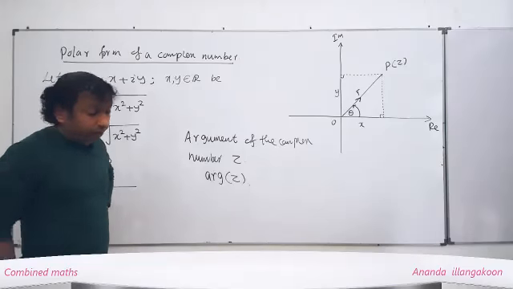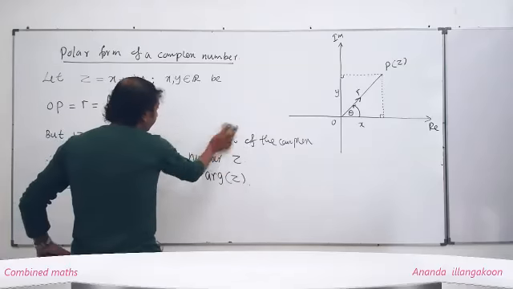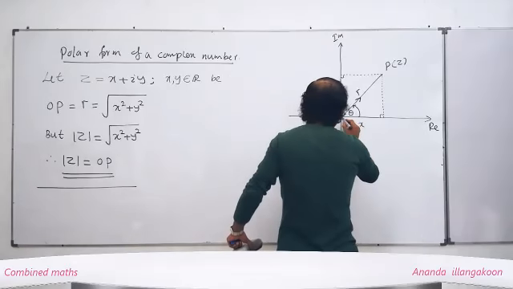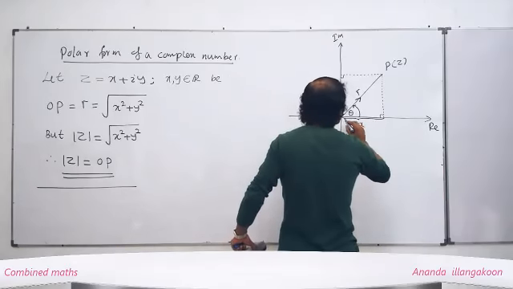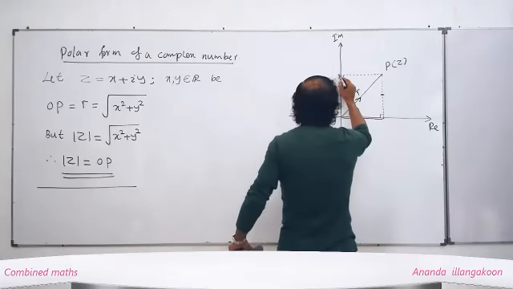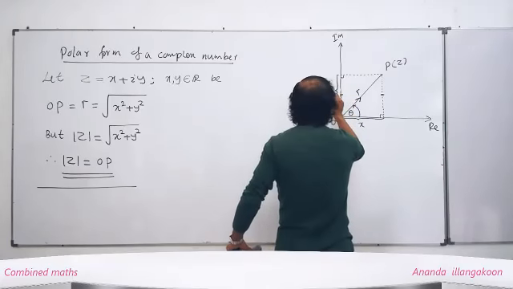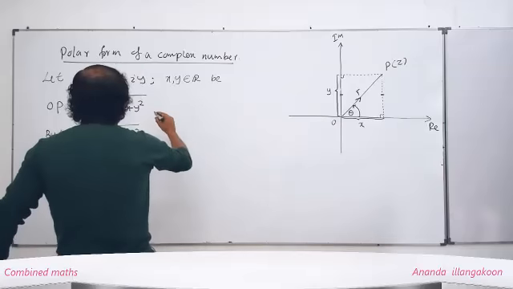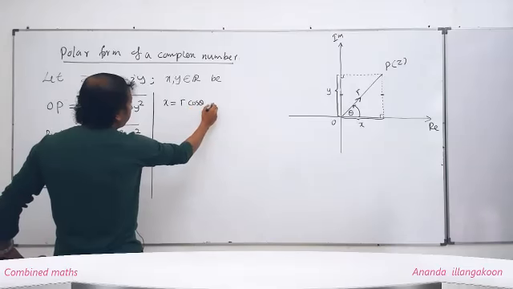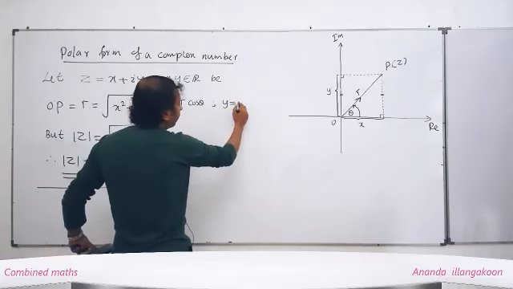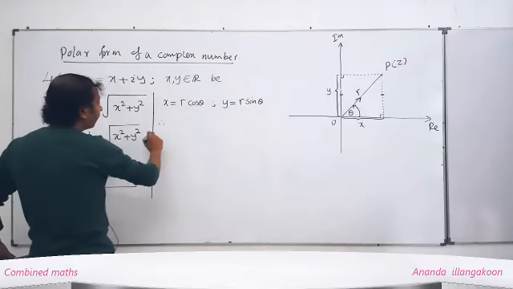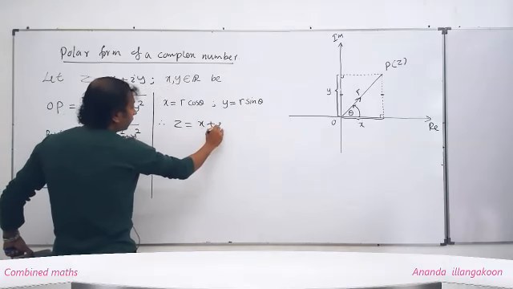Right, now you can write, people, like this. By the diagram, you can write x equals r cos theta, y equals r sin theta. Therefore, z equals x plus iy.